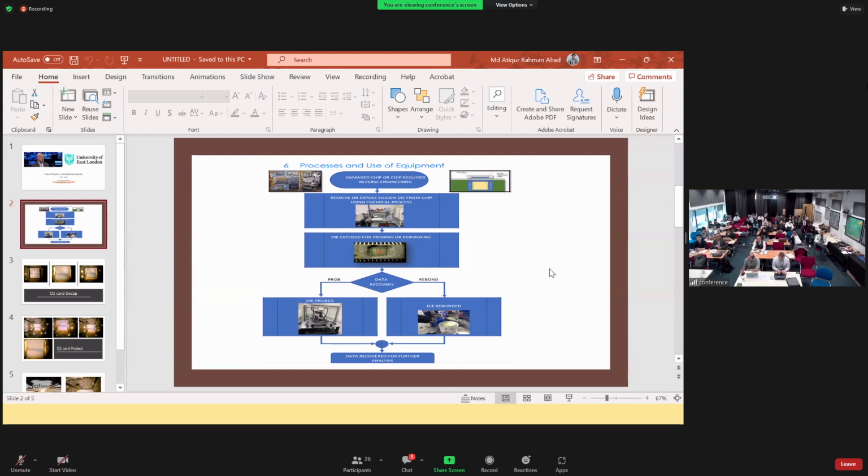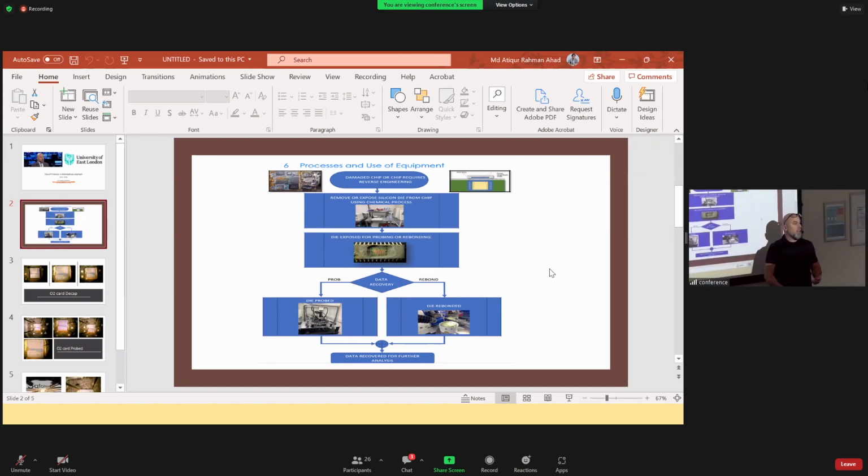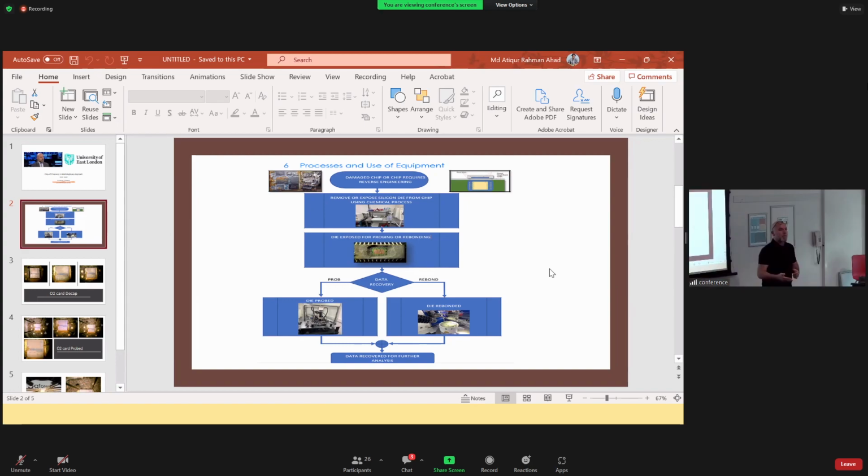We have a damaged device here, and we want to get the chip out of it, whether it is burned, broken or damaged in any way. This mostly comes from digital forensic investigation cases where the police and law enforcement are involved. We get the device, and our first mission is to get the chip out of it.